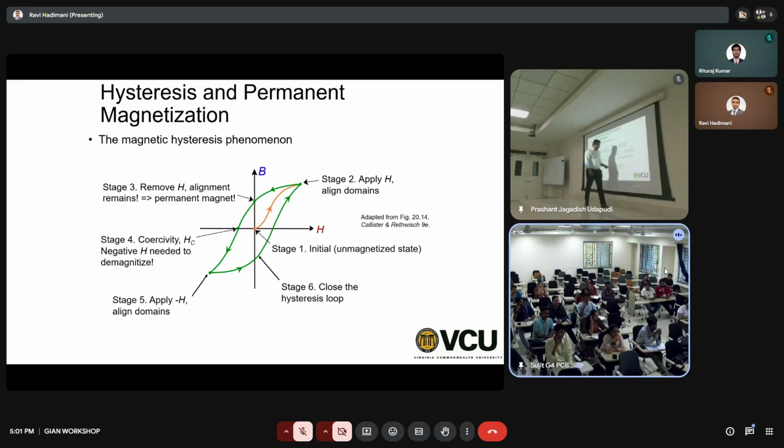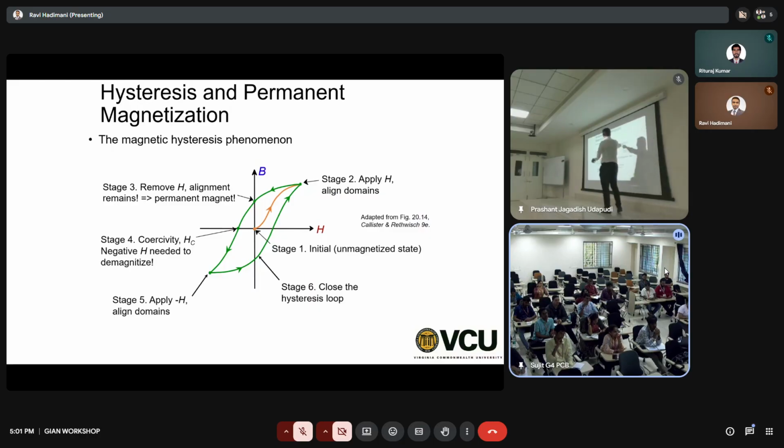So that means some magnetic materials, if you apply a magnetic field, meaning if you apply current near them, they saturate, and if you take the current off, they retain some magnetization. And to remove their magnetization, you have to apply some negative magnetic field.